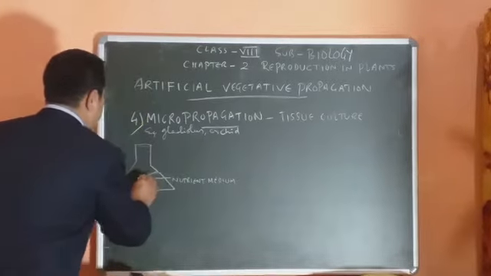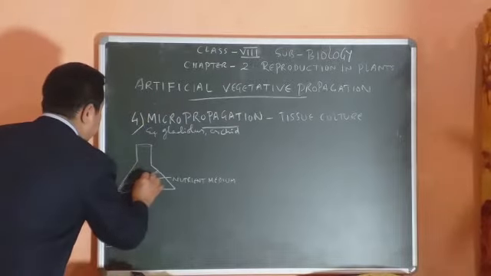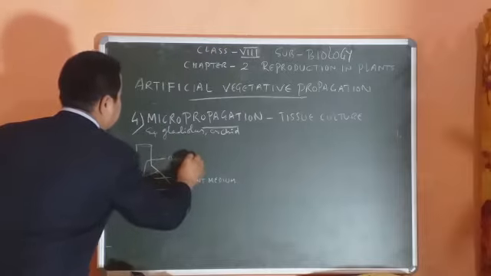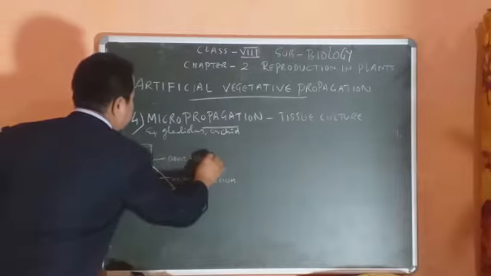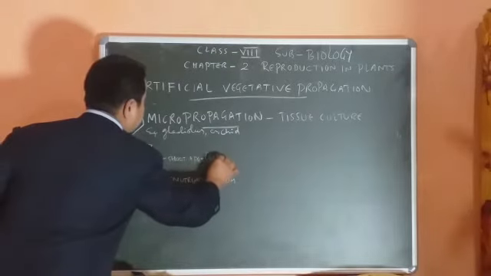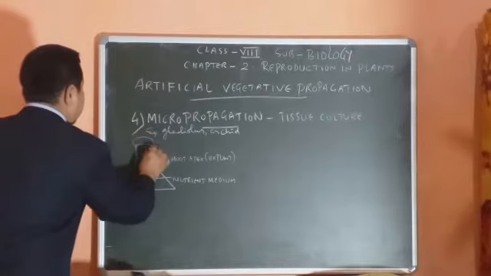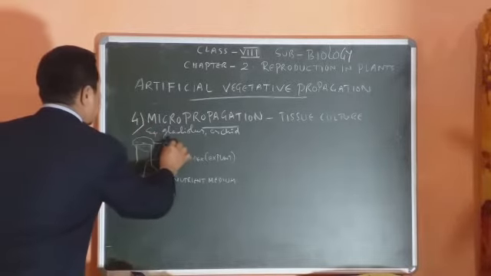Then here there is an explant, like a shoot apex. The shoot apex is taken as the explant, and we cover it with cotton.